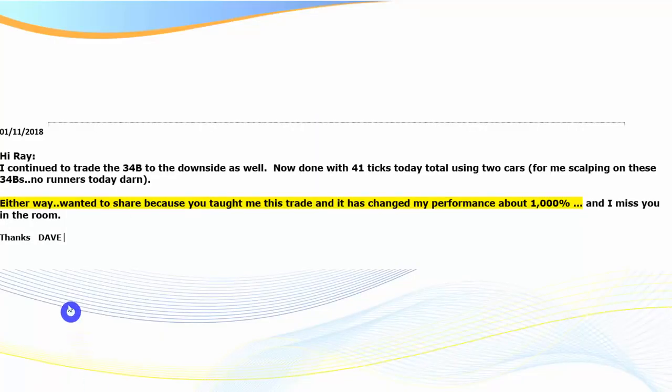This is from the 11th of the 1st, 2018: Continue to trade the 34B, done with 41 ticks today. It's changed my performance about 1,000%. Dave virtually solely trades the 34B. It works. It's a brilliant core strategy.